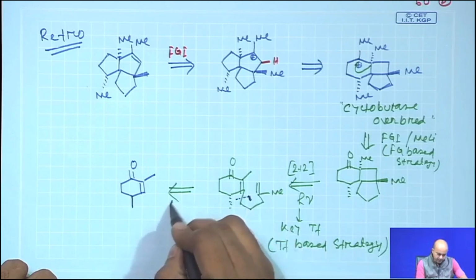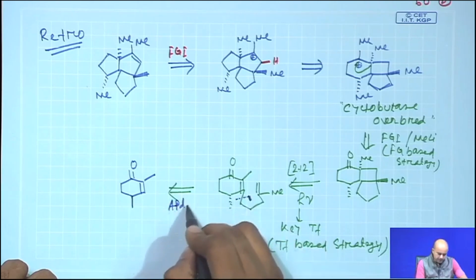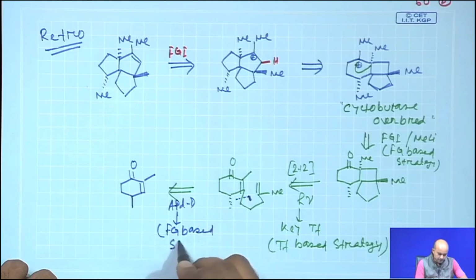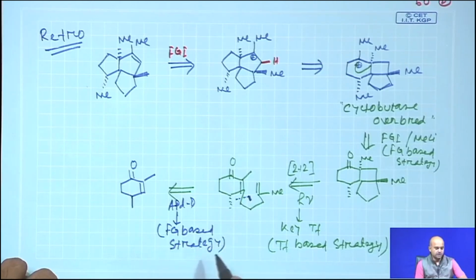Now, this is basically an appendage based disconnection, which we also covered in the functional group based strategies. Appendage, how to disconnect by simple FG based strategies.